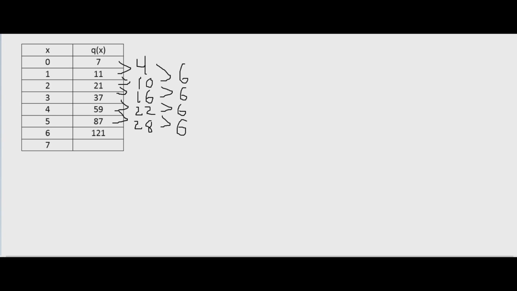So if you notice, now we figured out the pattern on this table. How many times do we have to subtract to get this constant term of 6s here? Well, we had to subtract twice, so we're going to put D2 up here. Because we had to subtract twice, that tells us our degree is 2.